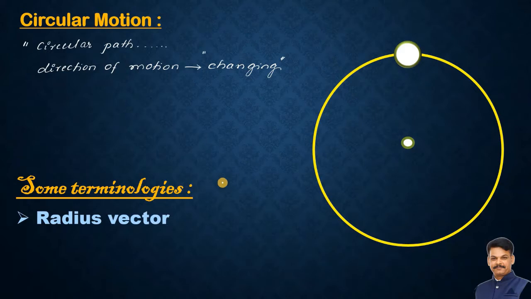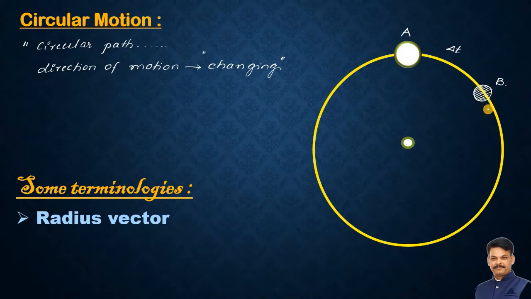With respect to time, if we consider the position of the object along the circular path, for example, suppose at this instant the object is present at point A. After a small interval of time delta t, if the object comes here, then the direction of motion of the object at point A will be different, and the direction of motion at point B will be different.